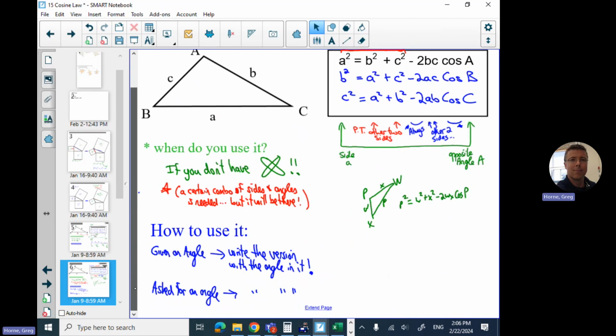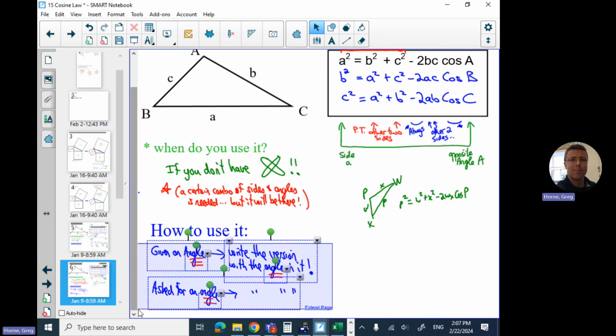Let me go back to my old version, right? So yeah, if you're given an angle, then write the version with that angle in it. And if you're asked for an angle, write the version with that angle in it. So it's basically whether the angle is known or not, right? Sometimes you're given more than one, and so on.